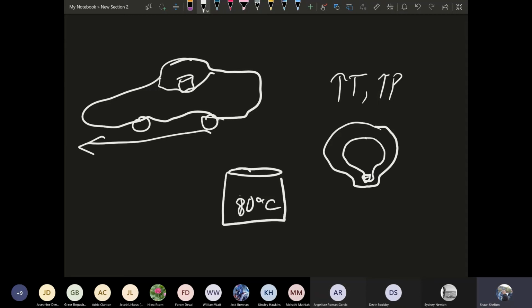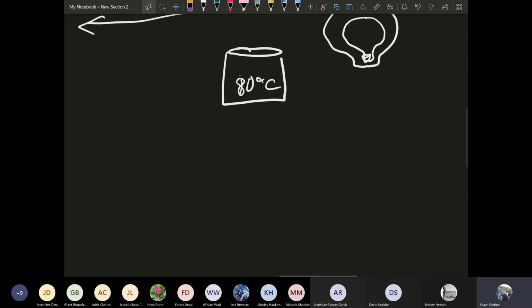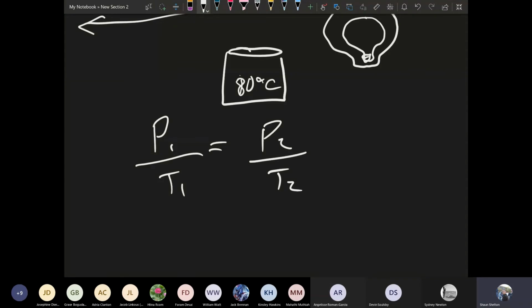Now, what would happen to that balloon if the pressure gets a little bit too high? It's going to blow up. And so this gas law deals with pressure and temperature.